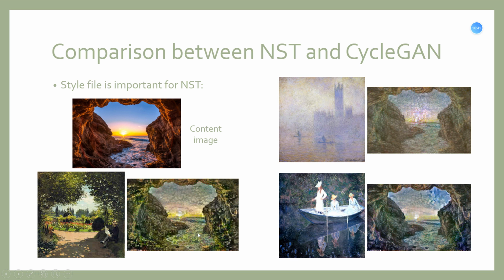We can see that the algorithm generated 3 different results, and the color tone is changed. Here is green, here is more like blue, and here is a little bit purple. So if we want to preserve the color of the content image, we really need to choose a good style file.